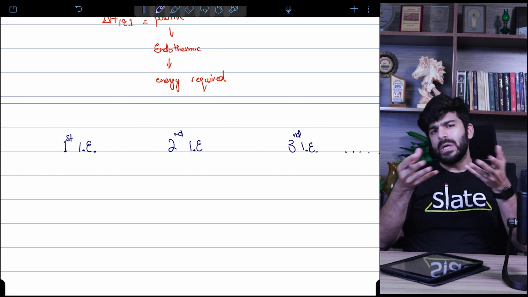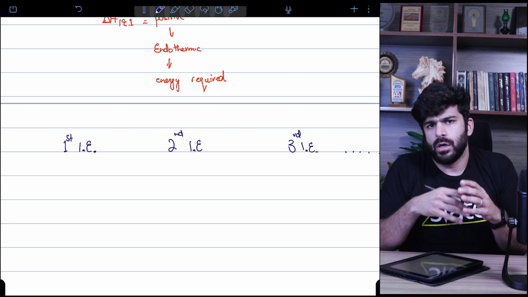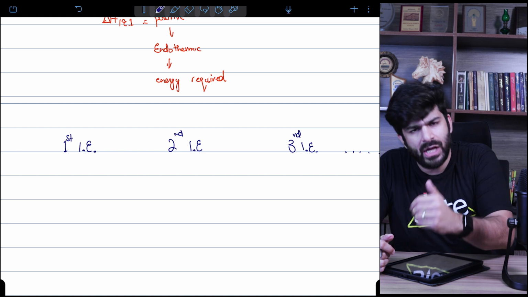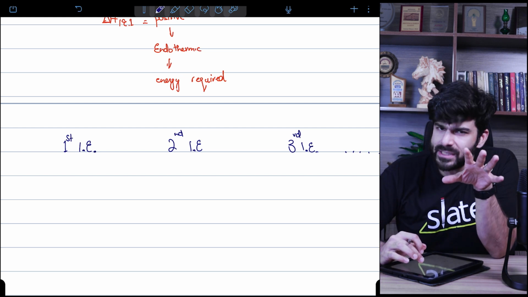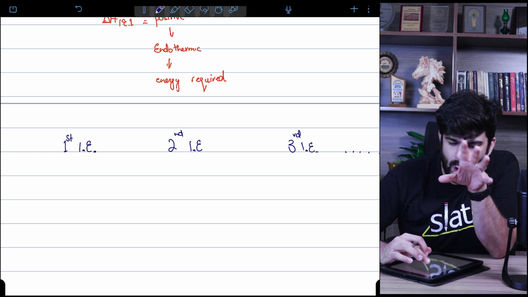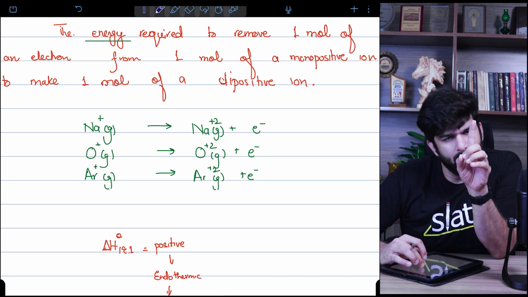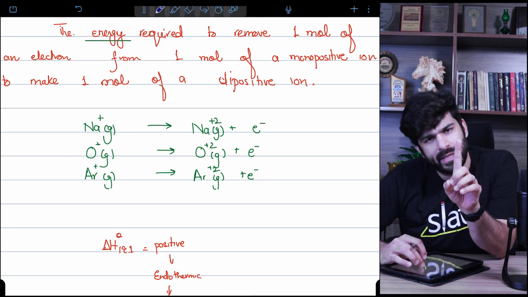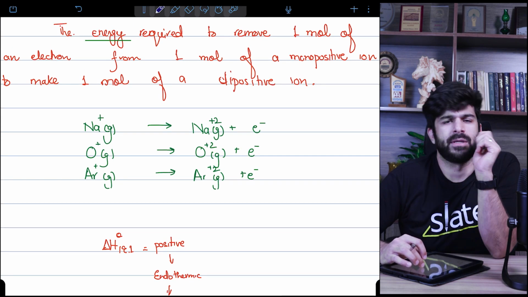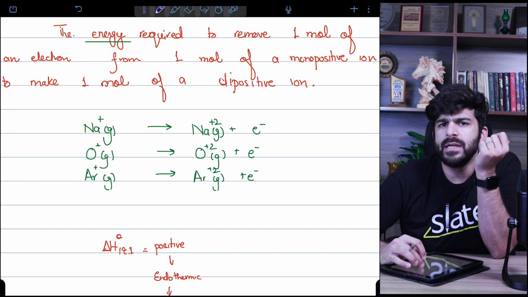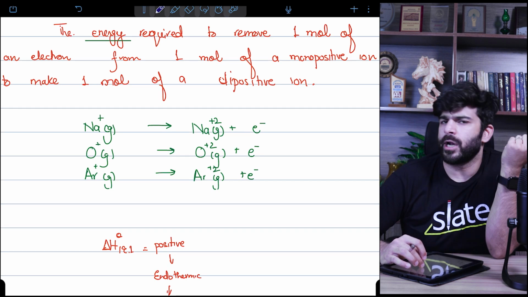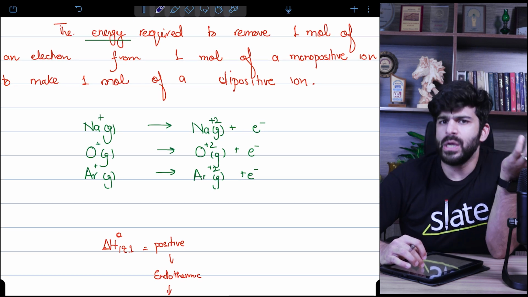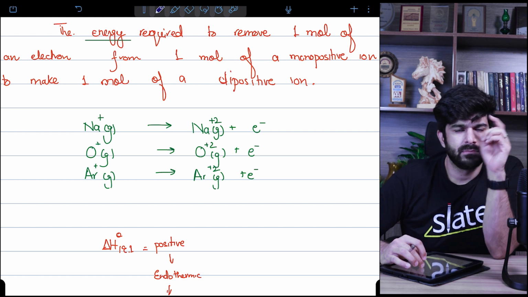Now, which ionization energy will be more than the other, or are they all equal? Because let's first look at the concept. We are removing one electron at one time from the same element. So apparently, it's the same element, it's one electron at a time. They can be equal, they better be equal, but no.